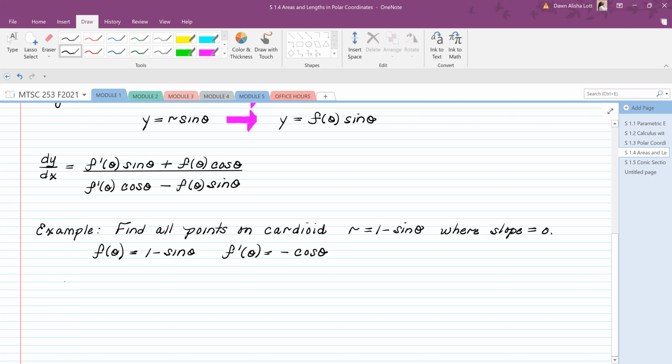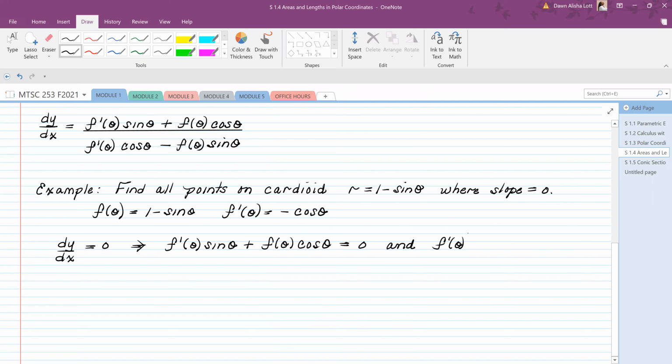Okay, so therefore, if dy/dx is equal to 0, that implies f prime of theta sine of theta plus f of theta cosine theta is equal to 0, and f prime of theta cosine theta minus f of theta sine of theta is not equal to 0.